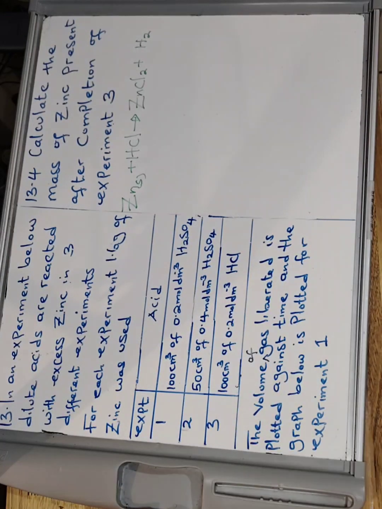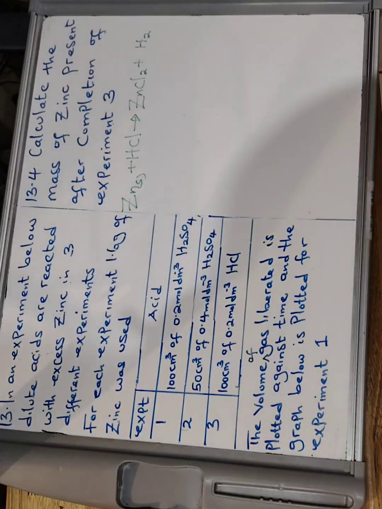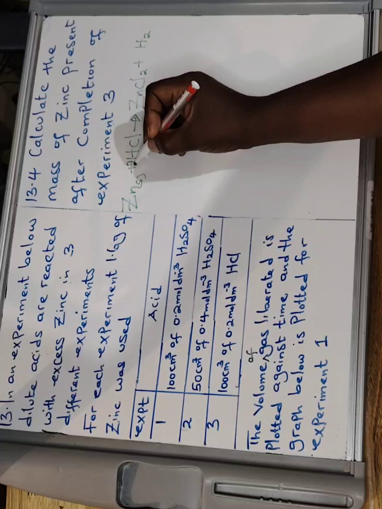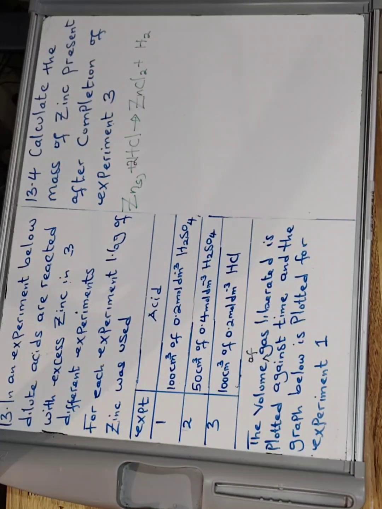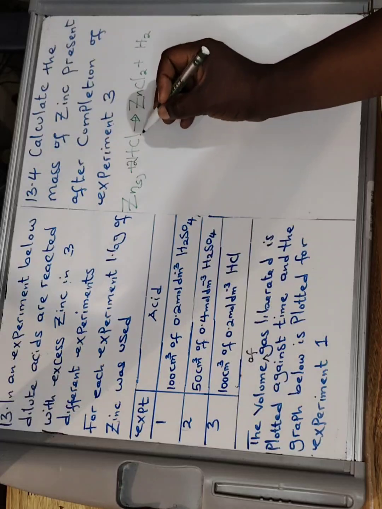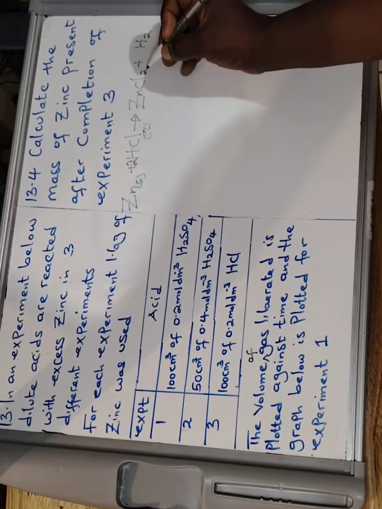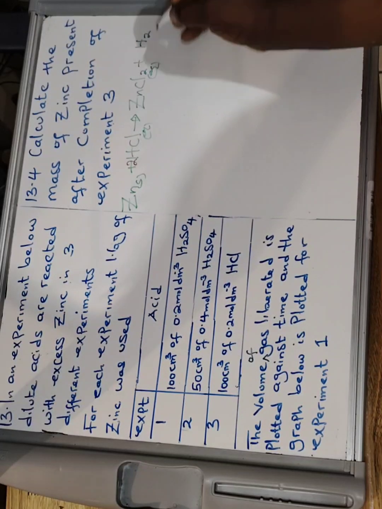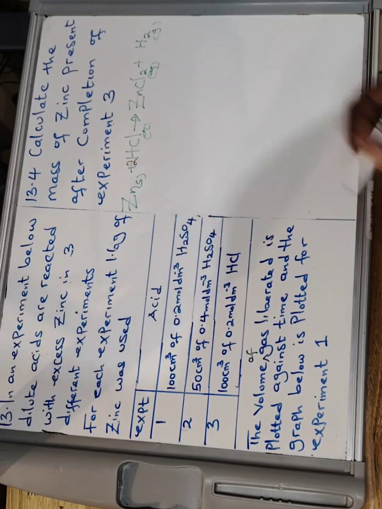Is to balance. So how do you balance this one? We balance this by putting a 2 here. So the equation of the reaction is now balanced. This one is aqueous, this one is aqueous, and this is a gas.